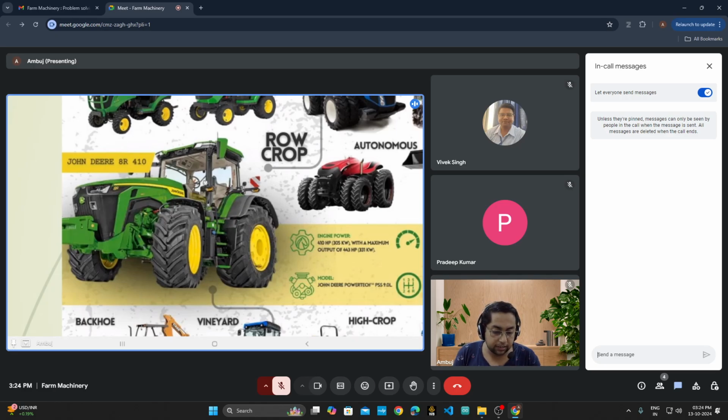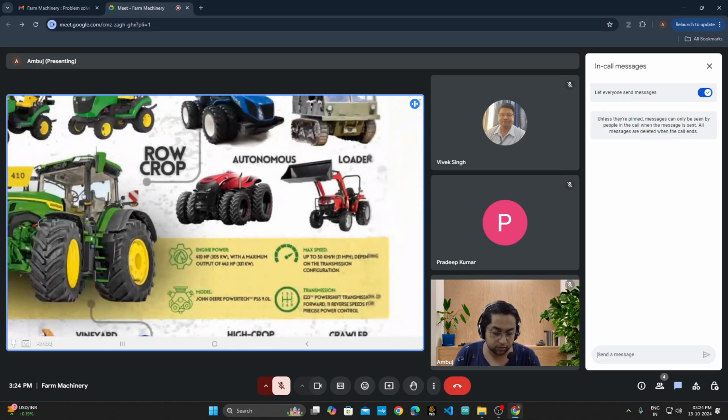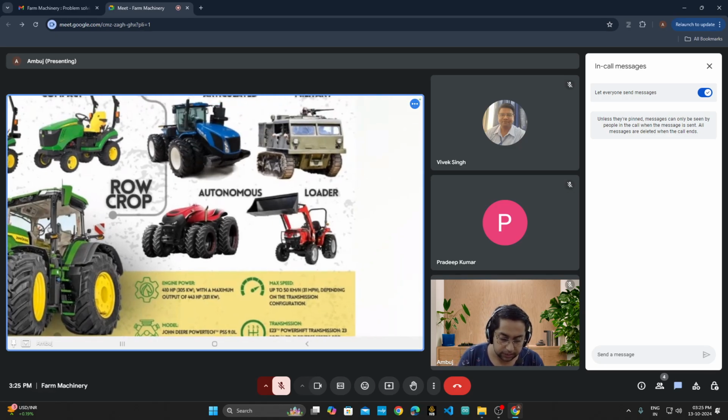Then comes this autonomous tractor. Yes, your autonomous tractors, here it is shown.